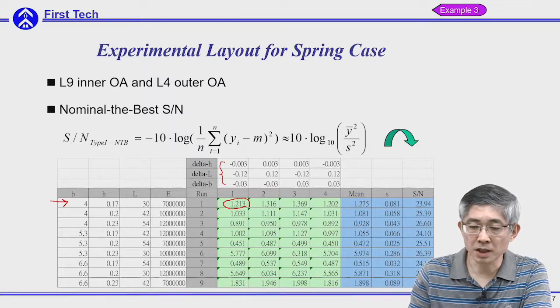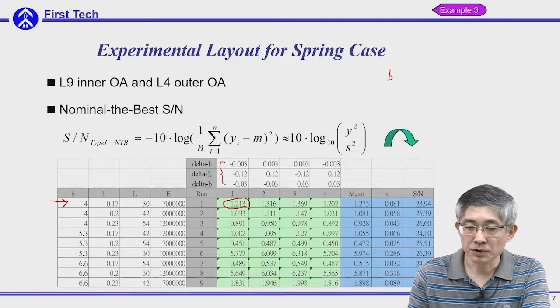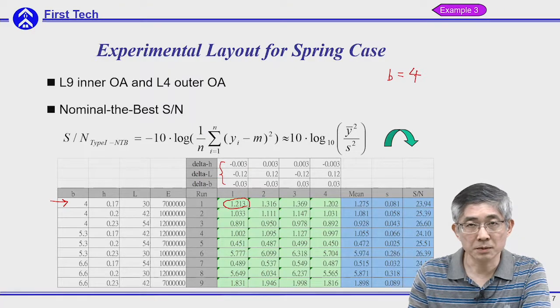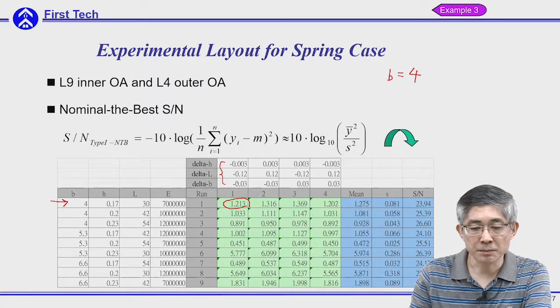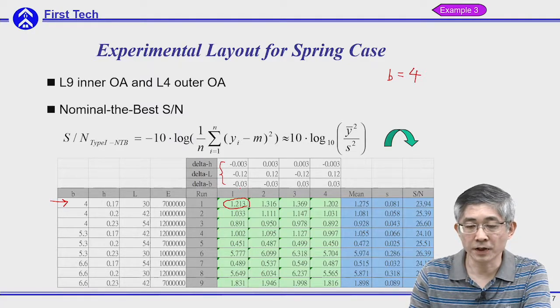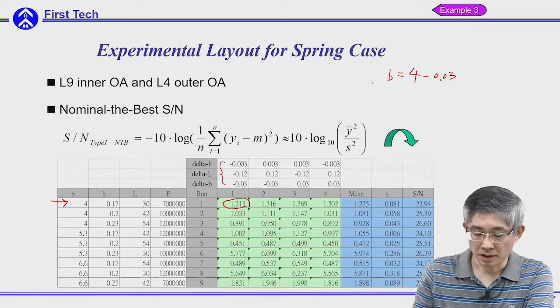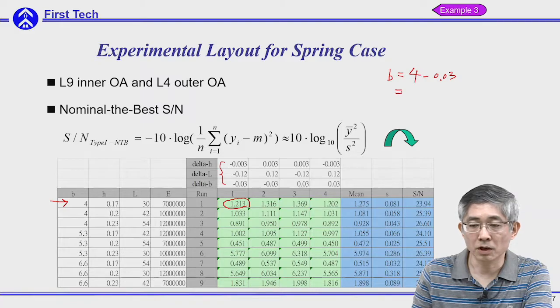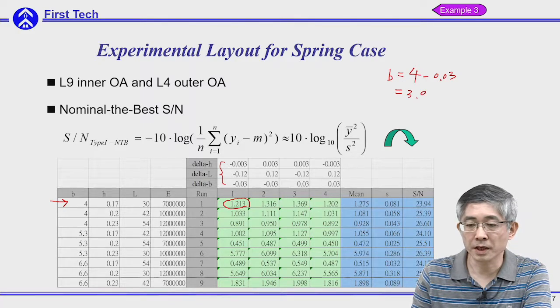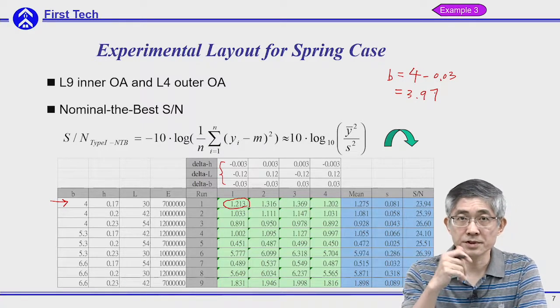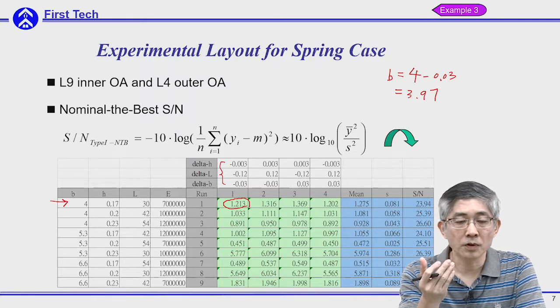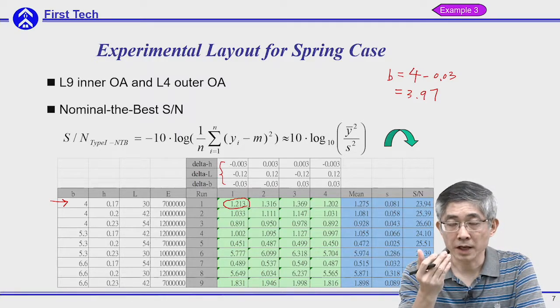For example, for B, the nominal design is 4 millimeters, but in the first sample, B will be influenced by the noise factors, which will have the minus 0.03 tolerance. And then the actual value of B will be 3.97 during the first sample. Same thing for factor L and factor H.